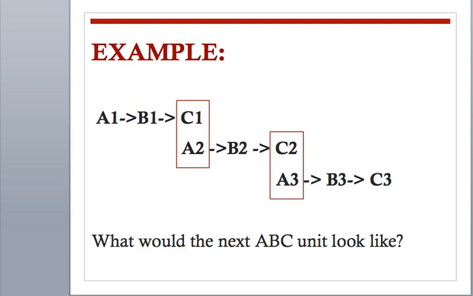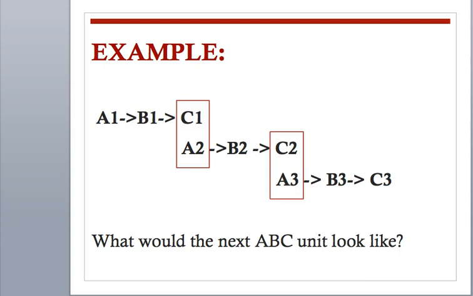So C1 is exactly the same stimulus as A2. Then you have another ABC unit: A2 leads to behavior 2, results in consequence 2, and consequence 2 is the stimulus or antecedent for behavior 3. So then you have A3, B3, and C3.